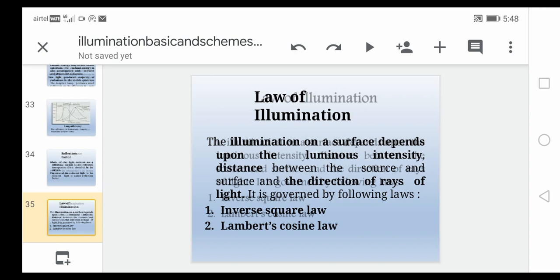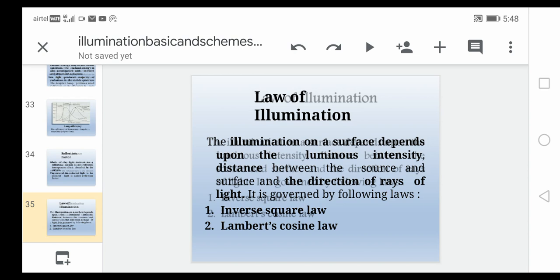Loss of illumination. The illumination E depends mainly on the luminous intensity, the distance between the source and the surface, and the direction of rays also.